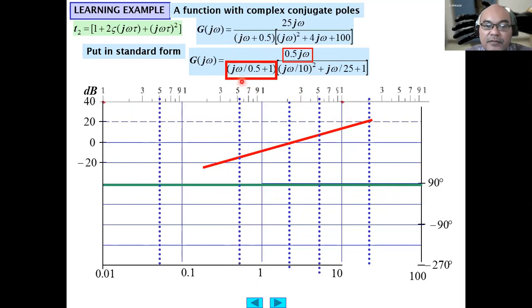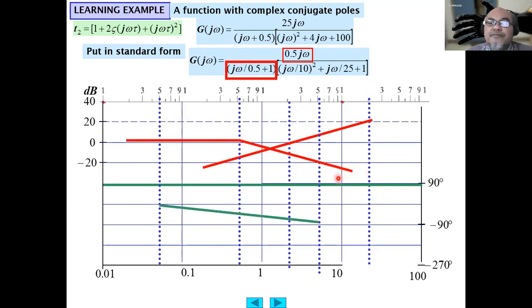So we have to draw between 0.05 and 5 radian per second, two regions. It is 0 decibel before 0.5 radian per second, and after that it decreases by minus 20 decibel per decade.